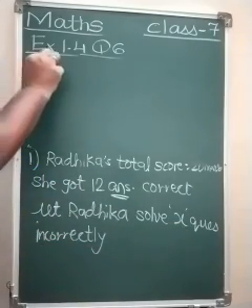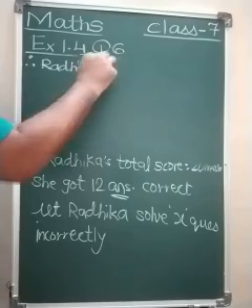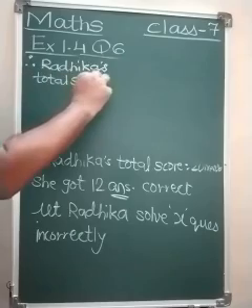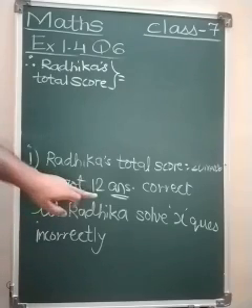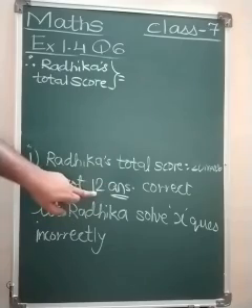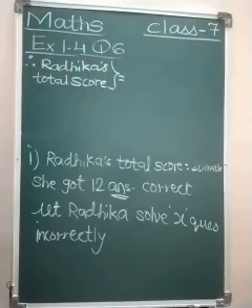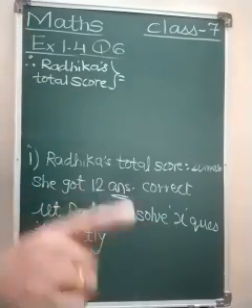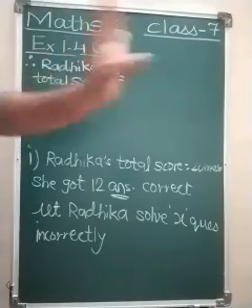Therefore, Radhika's total score equals the number of questions correctly solved multiplied by the marks for that question, plus the number of questions wrongly solved multiplied by the marks for that question, and both will be added.